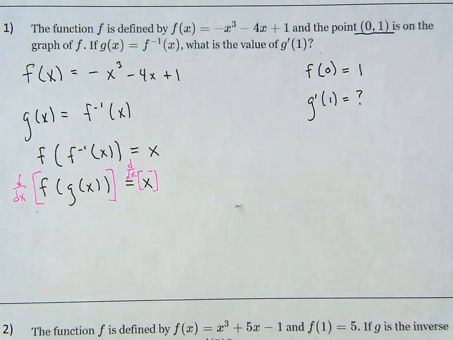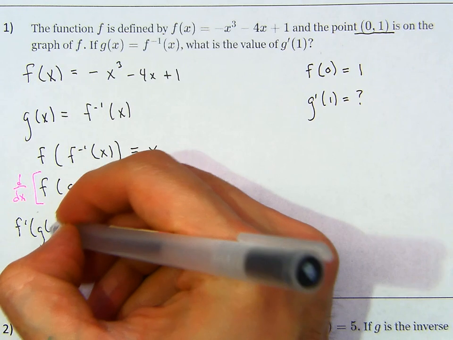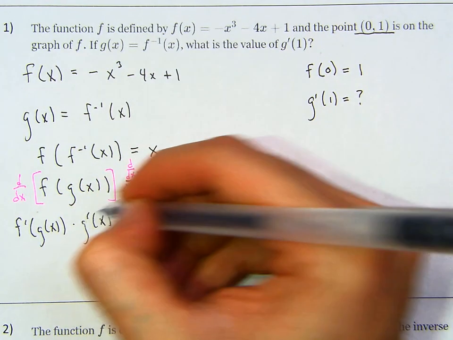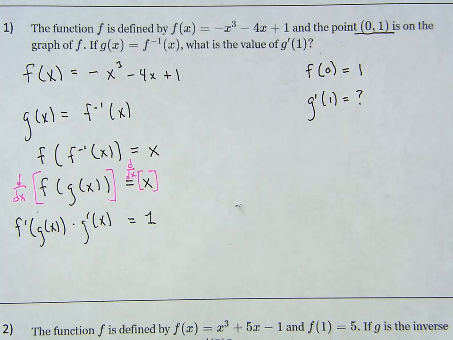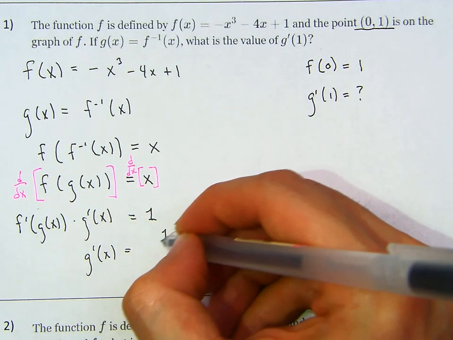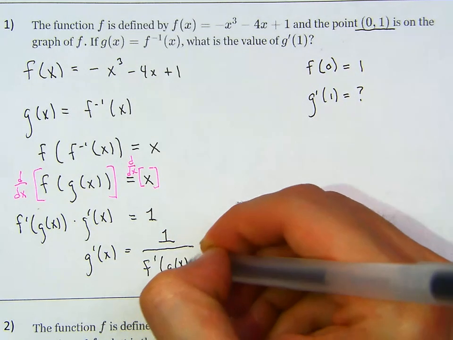And just like we did before, what will this become? We have to use the chain rule. So this is f prime of g of x times g prime of x equals 1. And now we have g prime of x is equal to 1 over f prime of g of x.